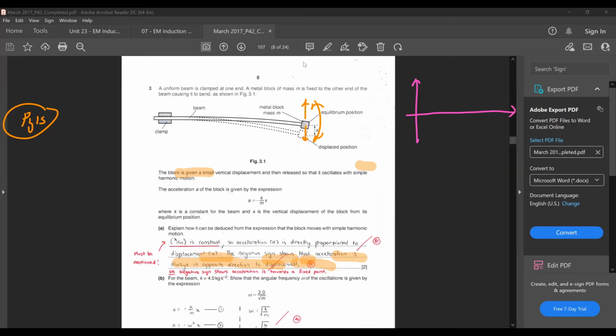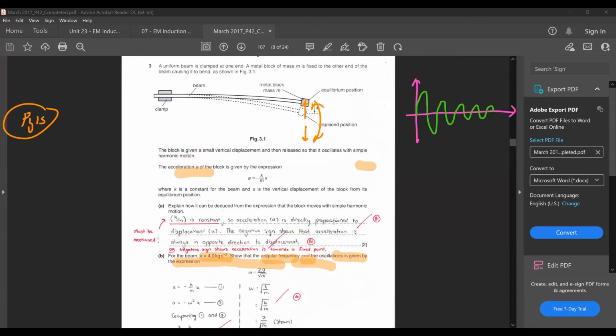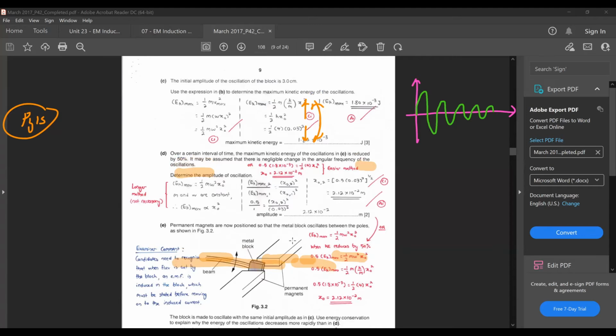The amplitude of oscillation will gradually decrease because of damping. When we displace the block and let it oscillate, the amplitude gradually decreases with time.